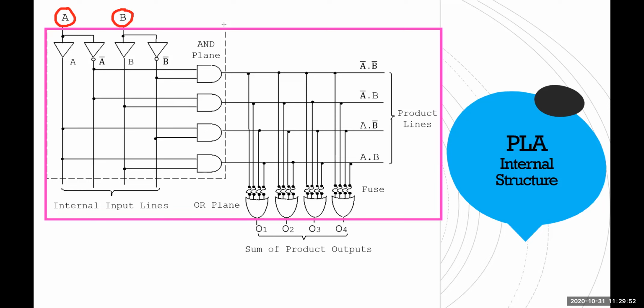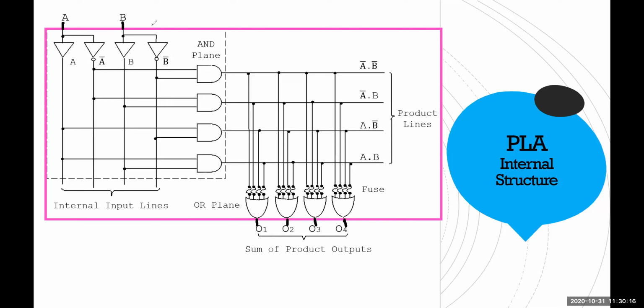Oh yes, you can see. Now here, these are the two pins, two inputs, and these are the four outputs. This is the IC. Inside, you have a lot of things.